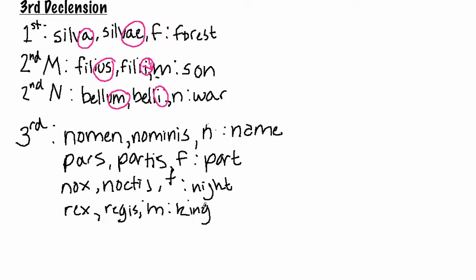Okay, so hopefully you'll be able to detect a pattern. So you can tell that the pattern here is that all the genitives end in is. So nominis for the genitive, partis for pars, noctis, and regis. All the genitives end in is.